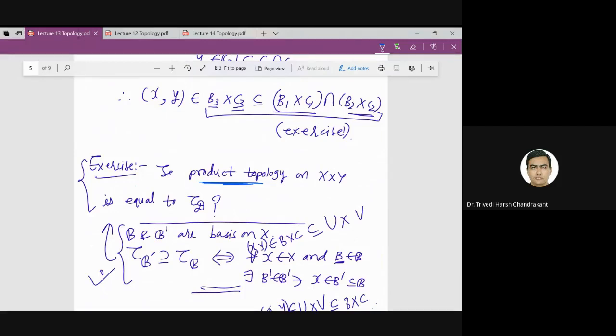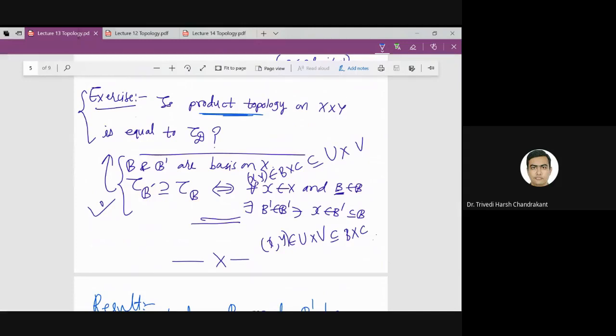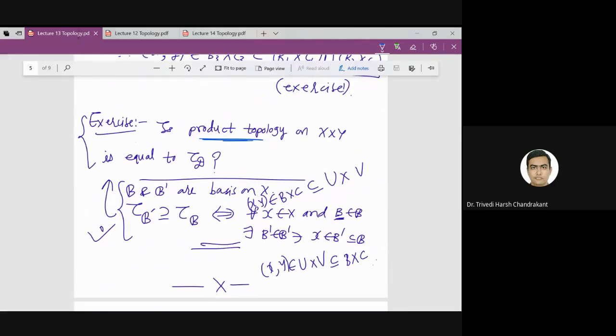That is the question. I have suggested that you can do this using the result which we discussed when we discussed the lower limit topology. So any questions so far?